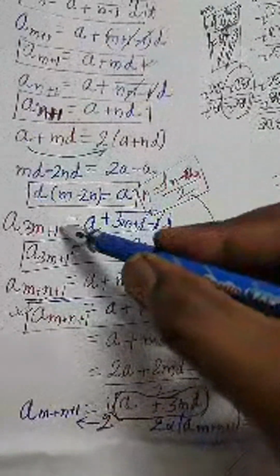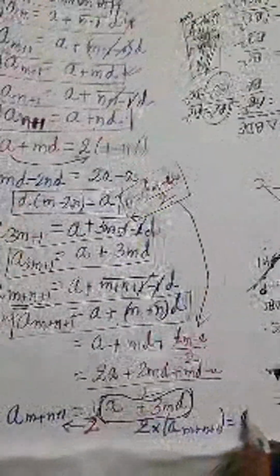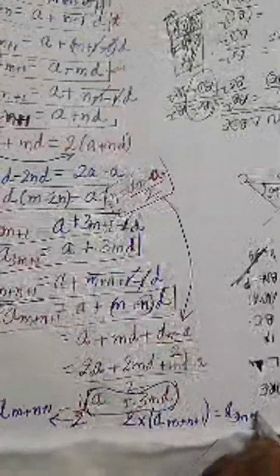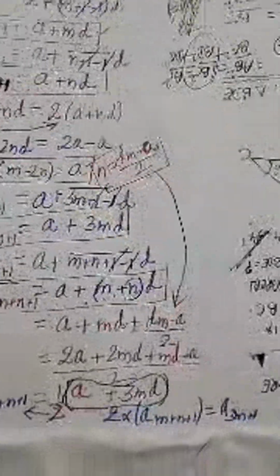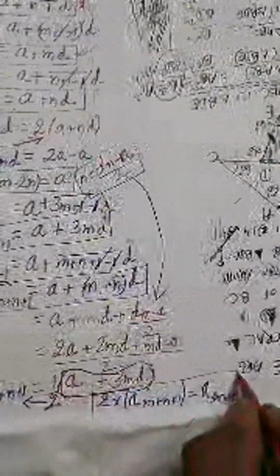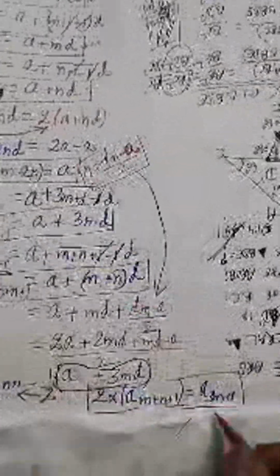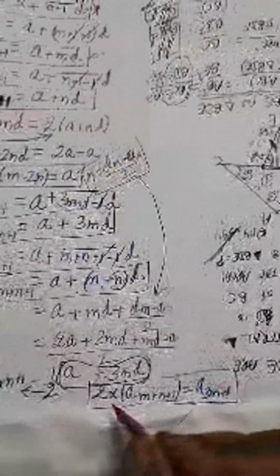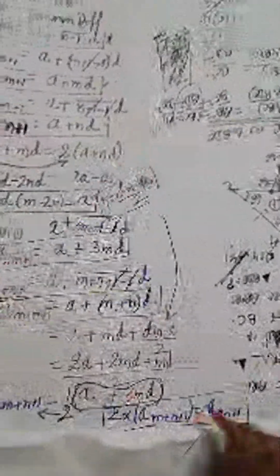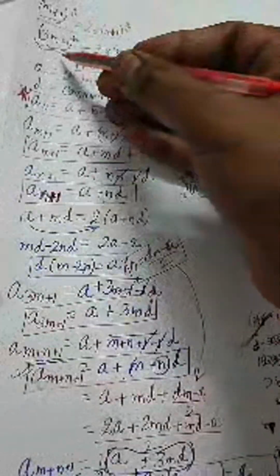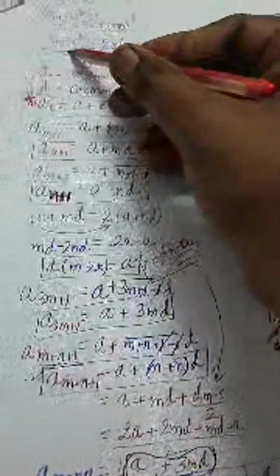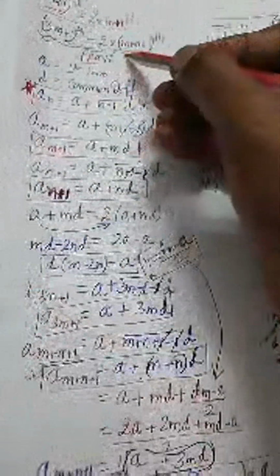It is the 3m plus 1th term, that is a 3m plus 1. So we proved that the 3m plus 1th term is 2 times the m plus n plus 1th term. This was the required thing which we needed to prove. So in this way we have proved this question, right? So this is proved.